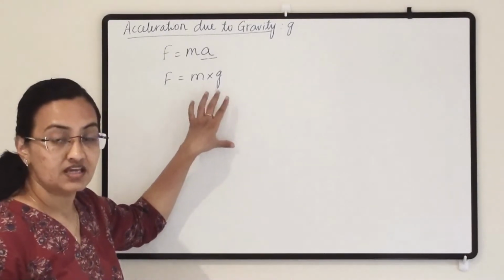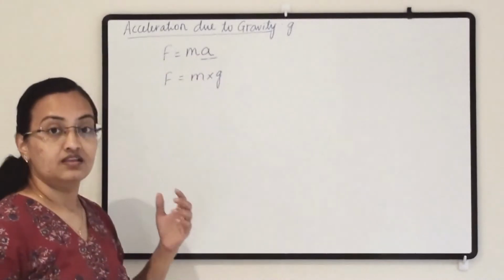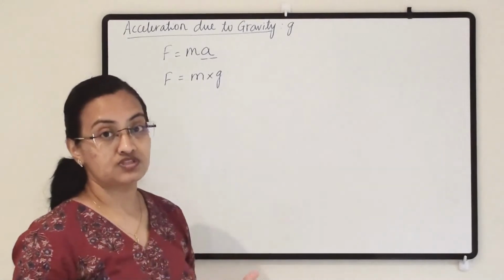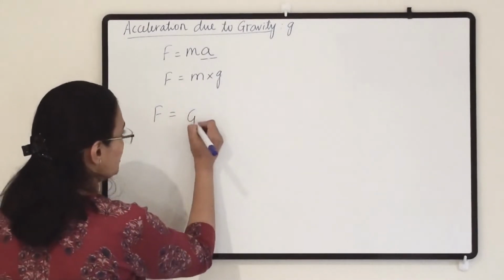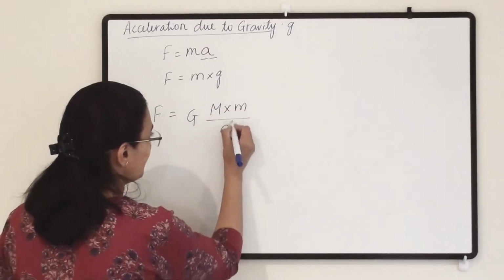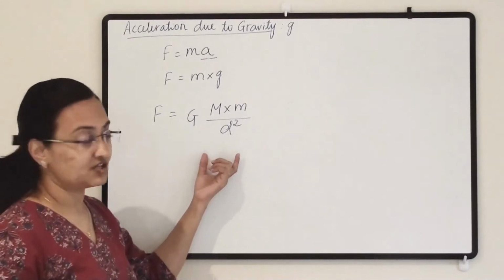Now in earlier formulas we have seen what force equals to. We know that F equals G capital M into small m divided by d square. This is according to the universal gravitational law.